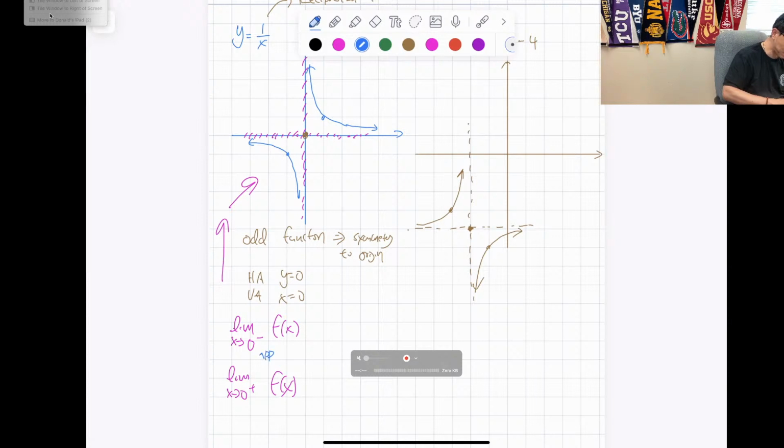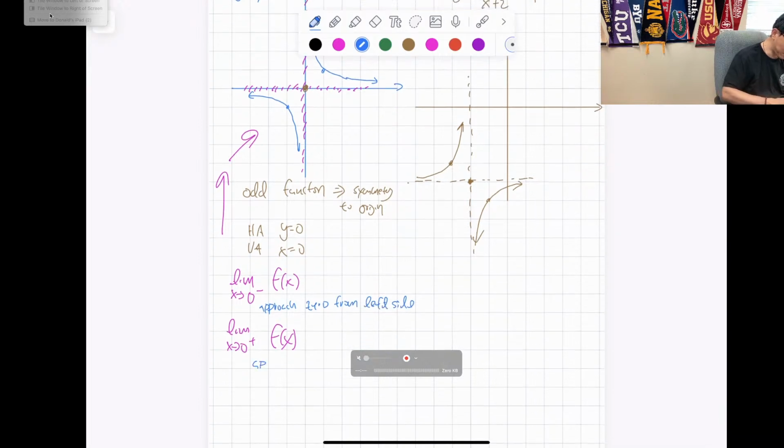Approaching 0 from the left side. This one's approaching 0 from the right side. And that's why you have this positive sign, it's not an exponent. This means positive, from the right side.